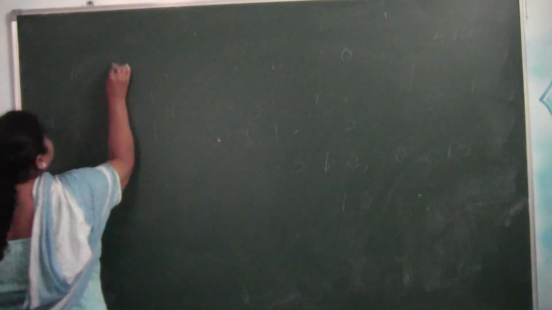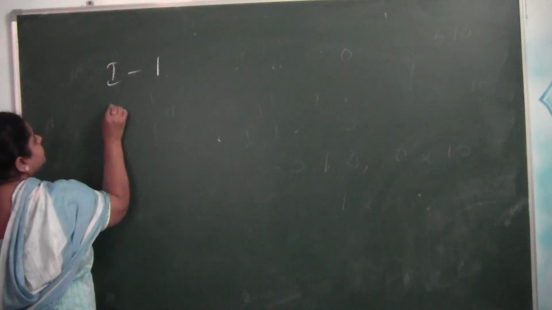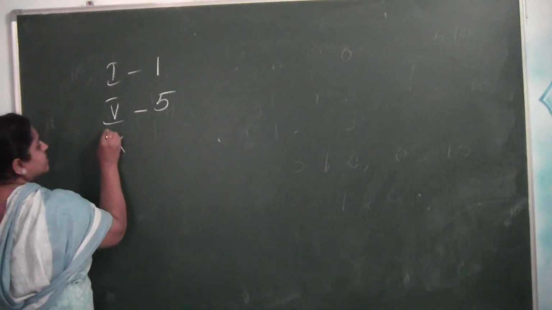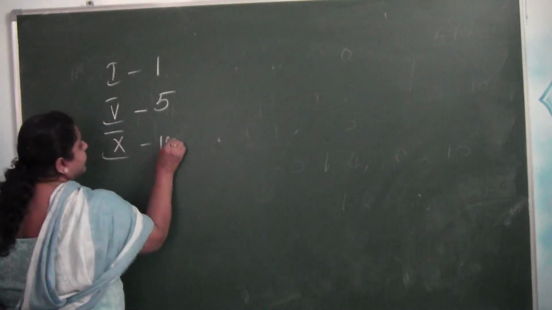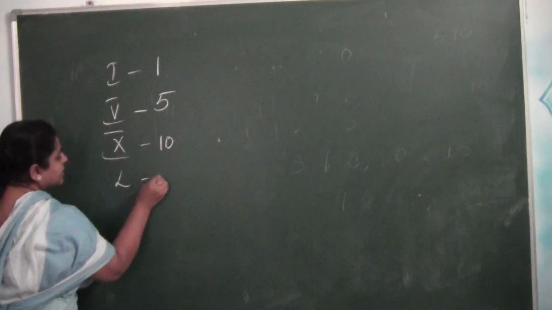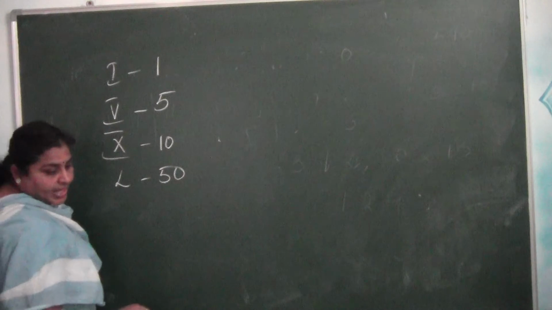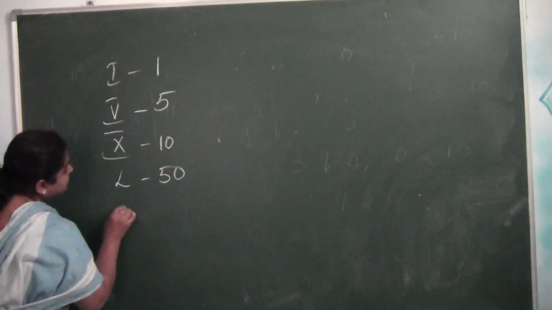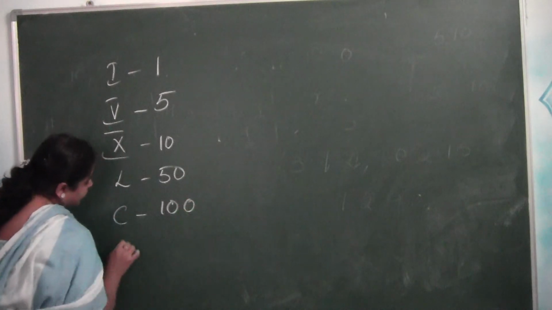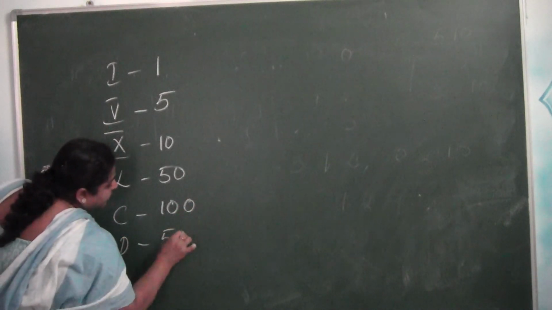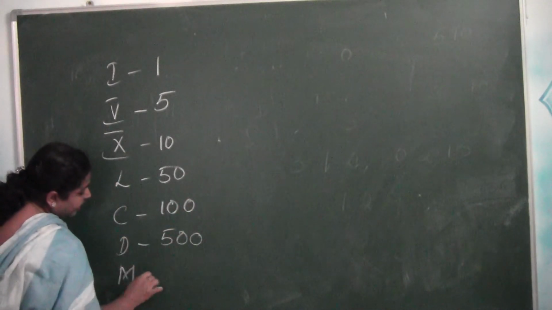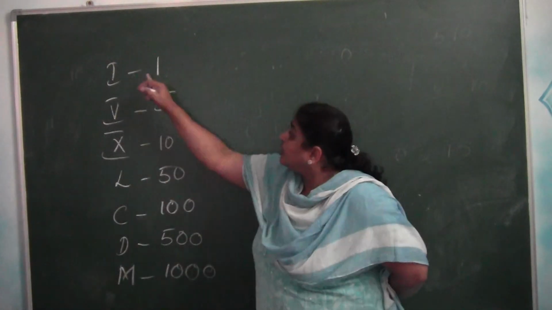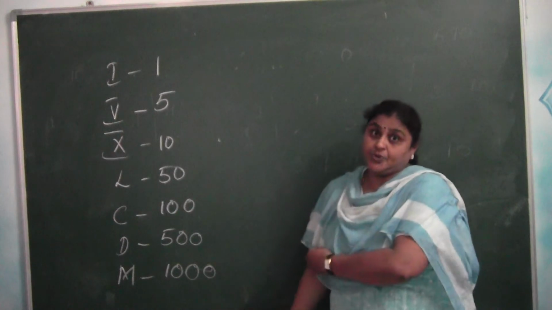I stands for 1, V stands for 5, X stands for 10, L stands for 50, C stands for 100, D stands for 500, and M stands for 1000. So these are the Roman numerals for the given Indo-Arabic numerals.